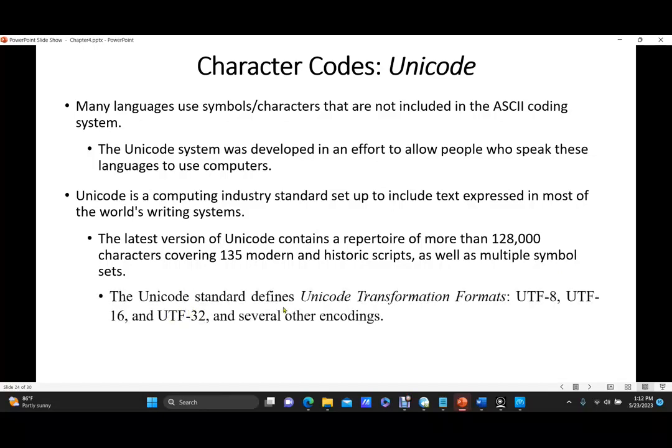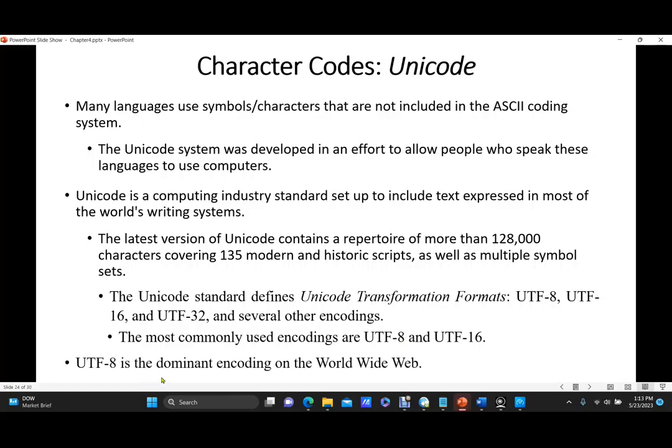The Unicode standard defines Unicode transform formats UTF-8, UTF-16, and UTF-32, as well as several others. The most commonly used are UTF-8 and UTF-16. UTF-8 is the dominant coding used in the World Wide Web.